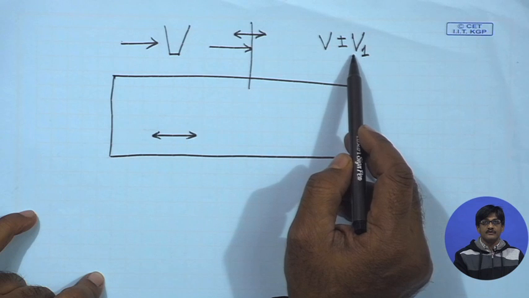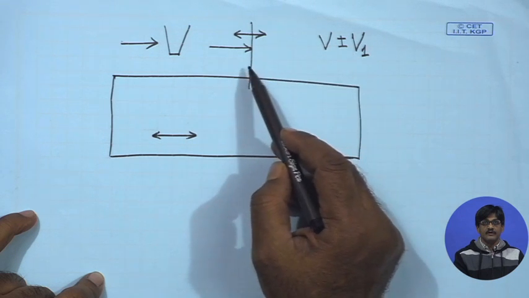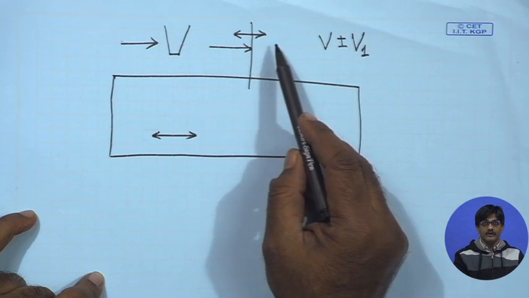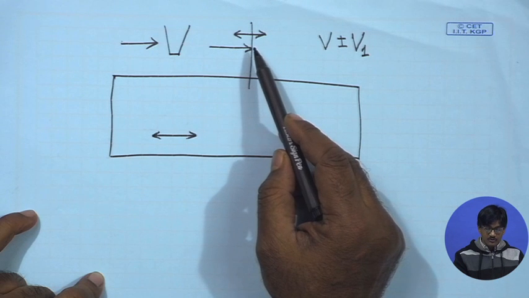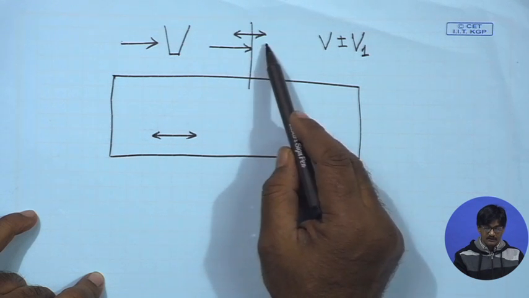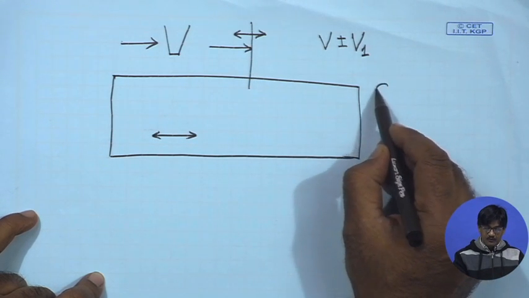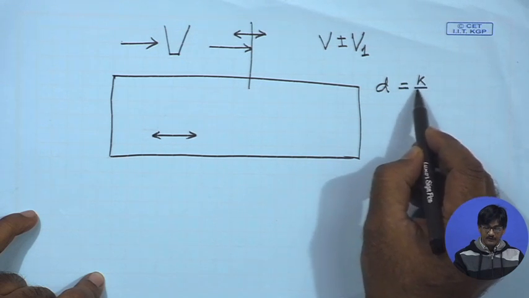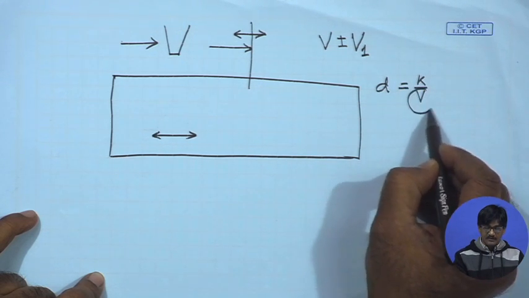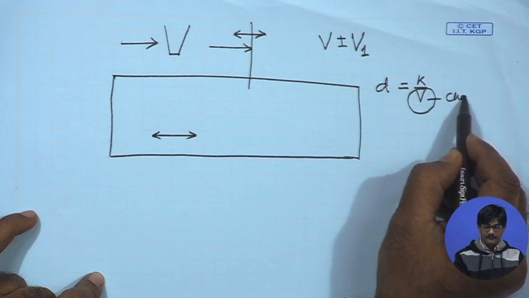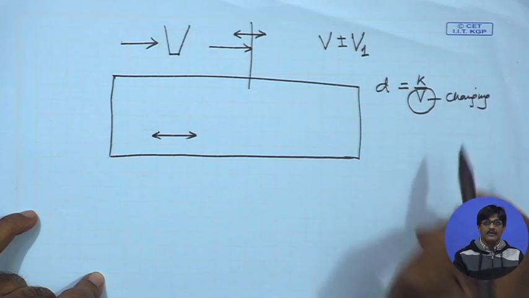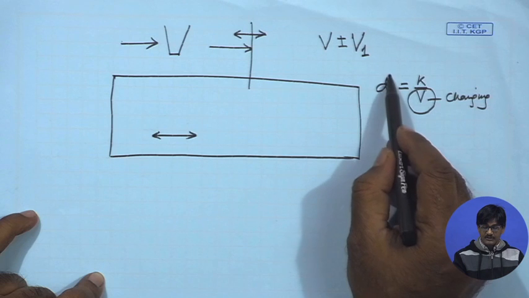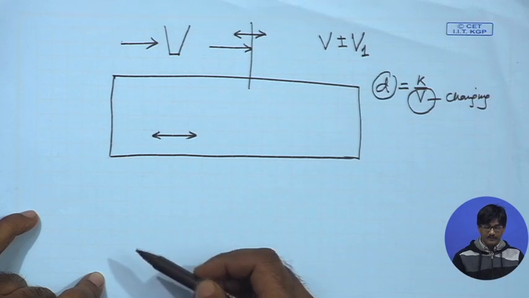If it is of considerable amount, the velocity will be varying, and as groove depth is equal to k by v, due to this changing velocity we will have a change in groove depth.